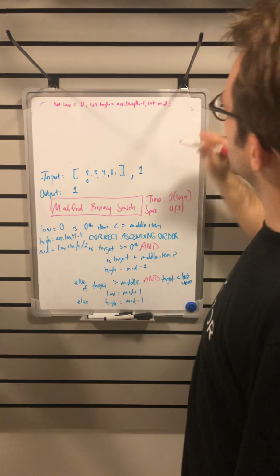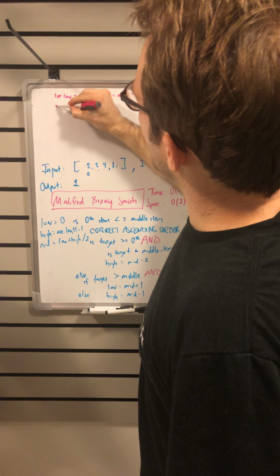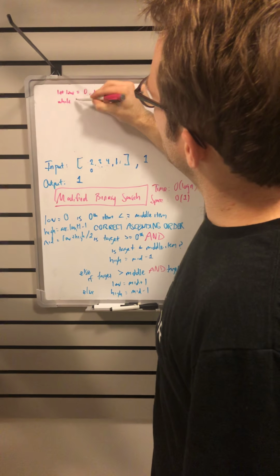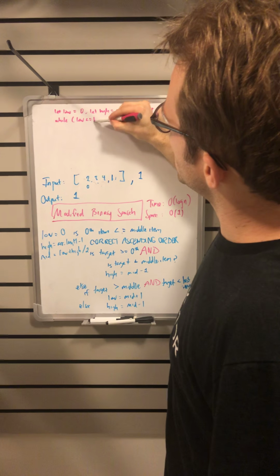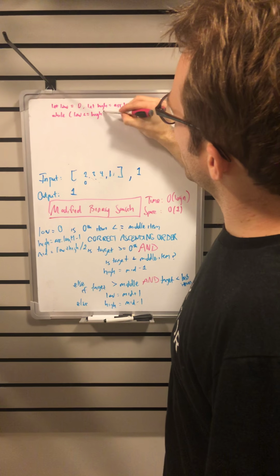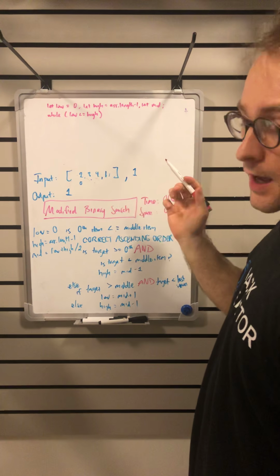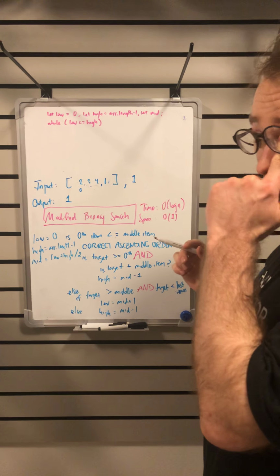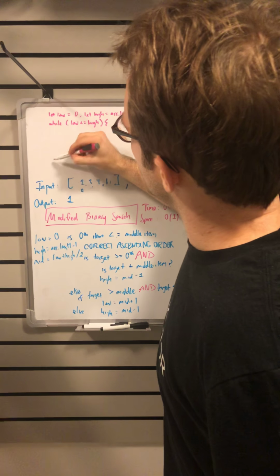Mid is going to be empty right now. We'll say while the low is less than or equal to high. This will be a break condition, because if low ends up being greater than high, then we know that we've looked through everything and we've exhausted all of our options, and it doesn't exist.